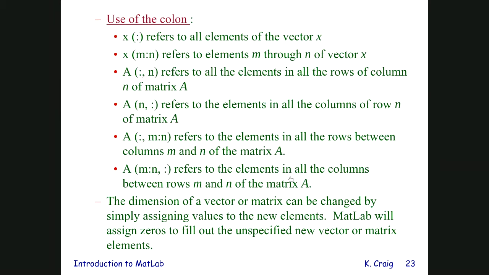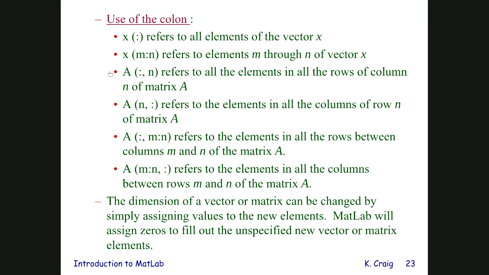The colon, these two dots on top of each other, is an important operator. For example, x(:) gives you all the elements of the vector. x(m:n) refers to elements m to n of vector x.